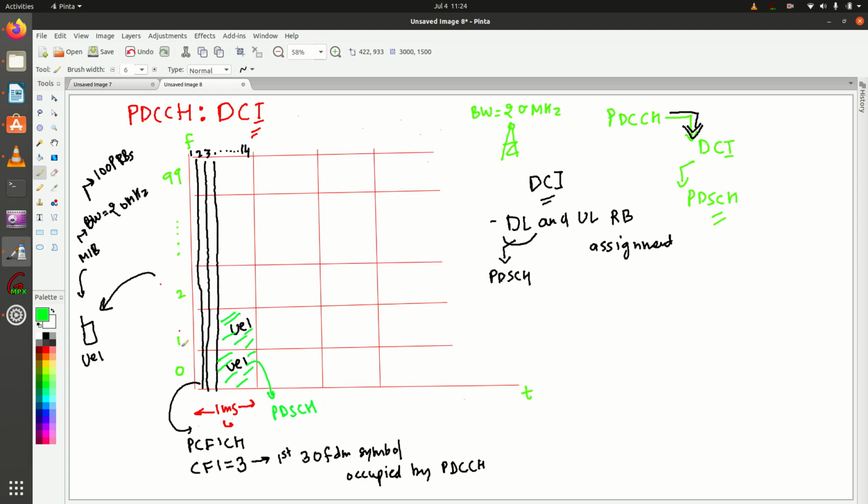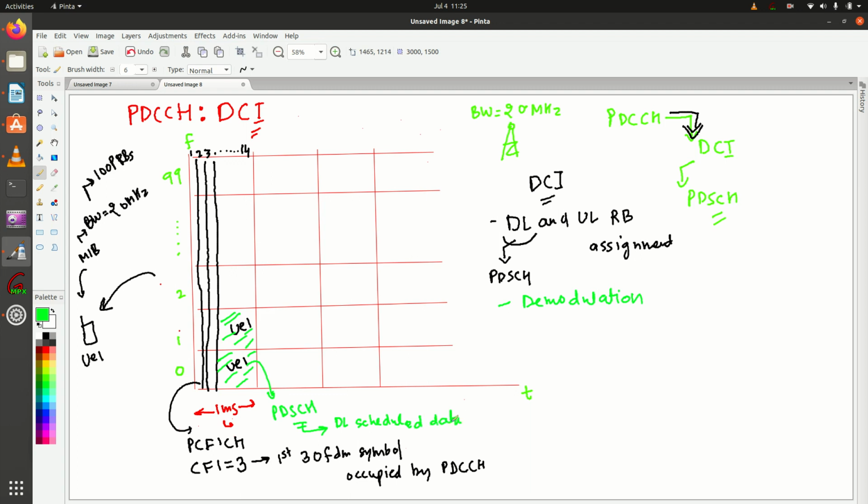DCI also provides the demodulation scheme that the UE has to use to decode this PDSCH. Now you will come to know whether it is downlink scheduled data, that is real data. So you will read this data.